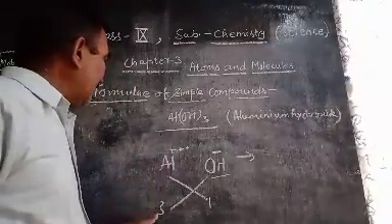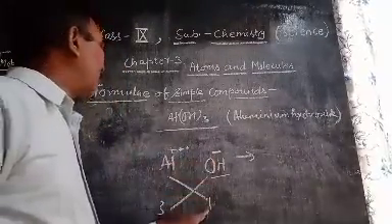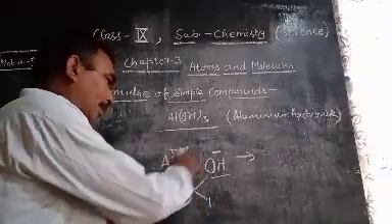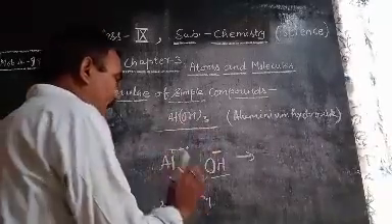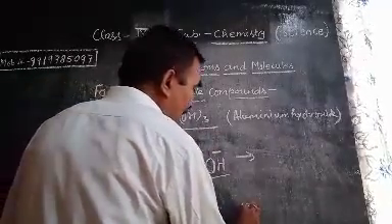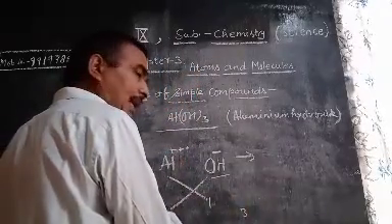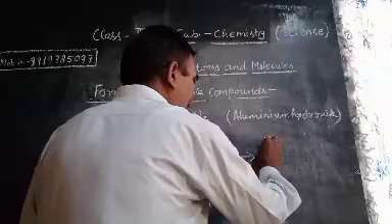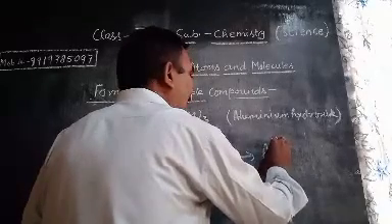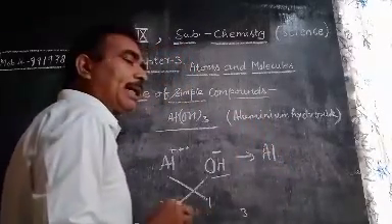Al has 3 valency and OH has 1 valency. What will be the formula? The LCM will be 3, and 3 divided by 3 is only 1. Only 1 Al atom will be taken.